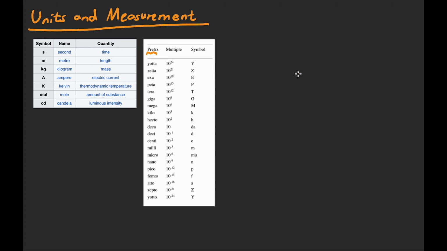For example, when you're describing the length of something, you can either say that it's 2,000 meters, or 2 times 10 to the power of 3 meters, or 2 kilometers. These prefixes are just defining the power of this base. And you need to be able to convert from one to another pretty quickly.